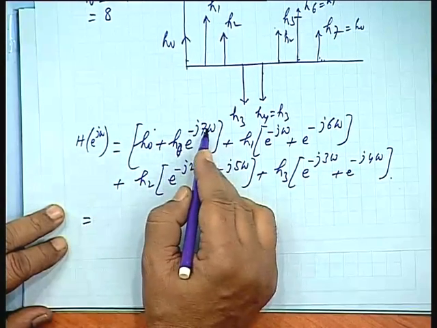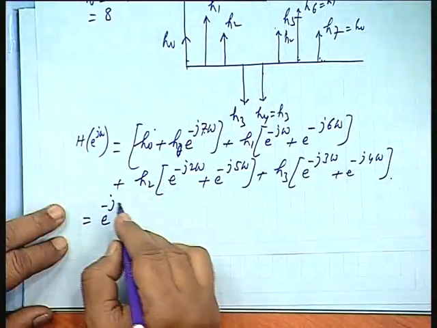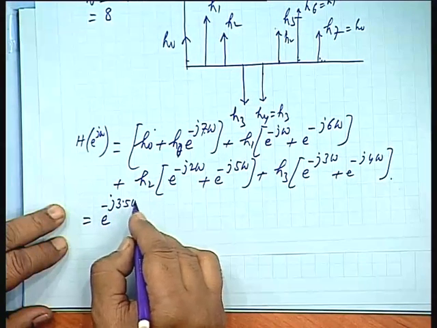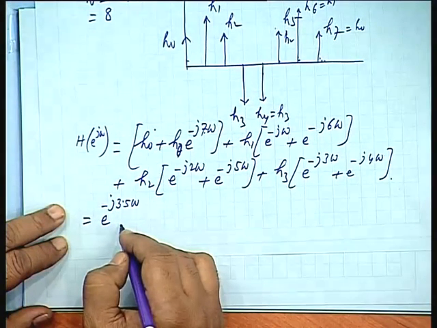I take e to the power minus j 3.5 omega common; I should write 7 by 2.